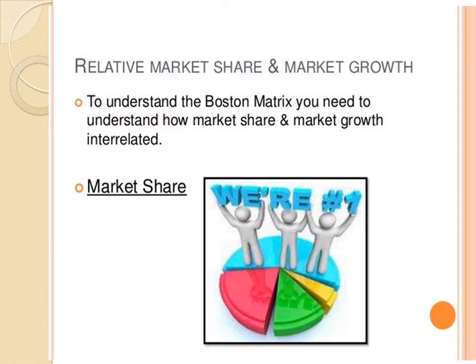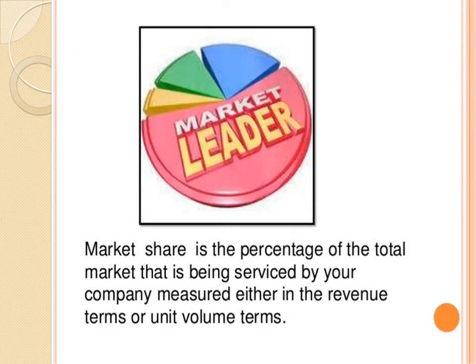Firstly, to understand this matrix you need to understand how market share and market growth are interrelated. Market share is the percentage of the total market that is being serviced by your company, measured either in revenue terms or unit volume, meaning the sales.